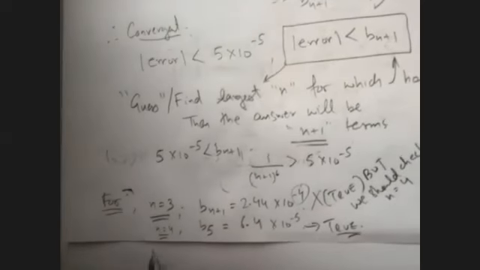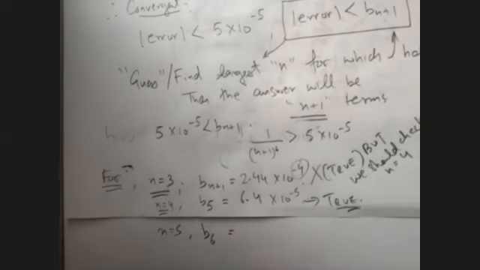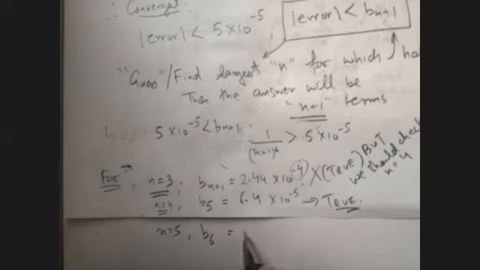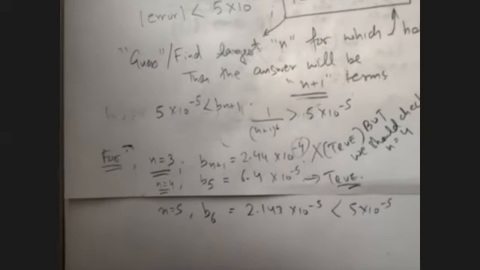And you can check what happens if you go to n equals 5. So you get B6, which is equal to this, and this is less than, so this is false.